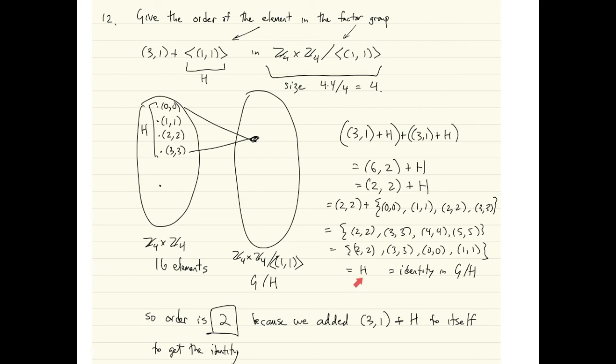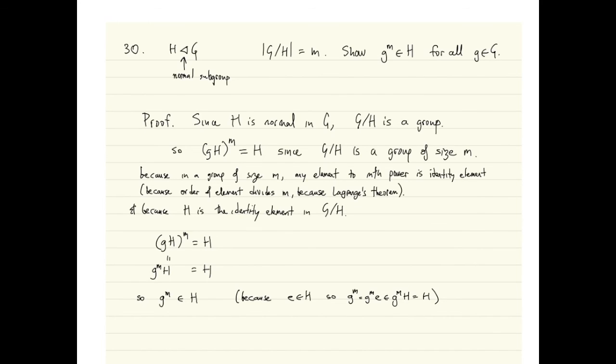And then I get back H. So the order is 2, because we added (3, 1) to itself 2 times to get back the identity element in the factor group, which, if the factor group is G mod H, the identity element is H.